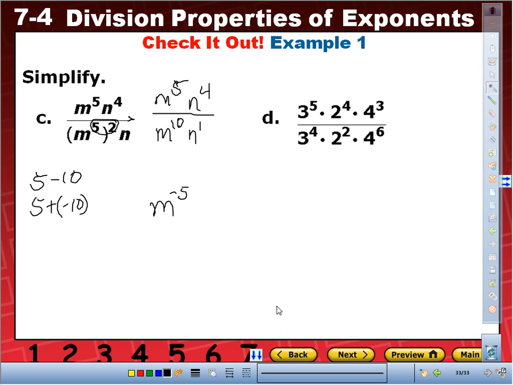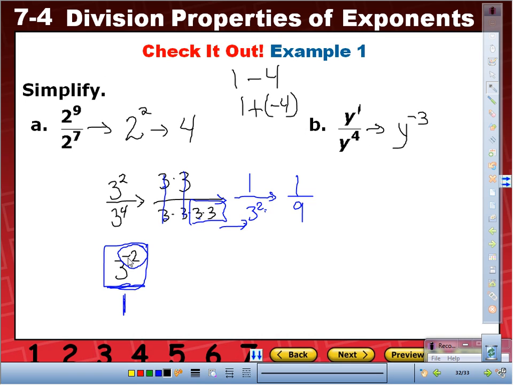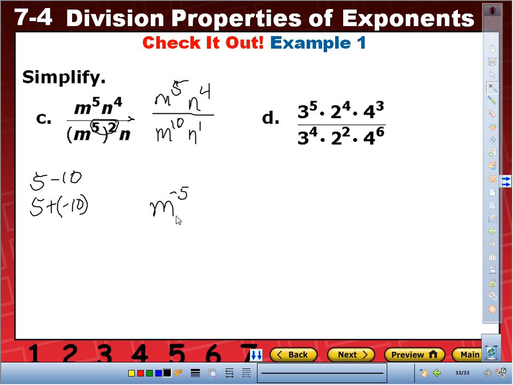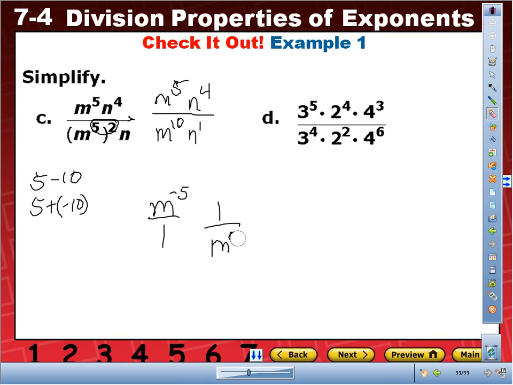No. From this point forward, since I already explained it earlier, whenever we have a negative exponent, we write it over 1, the reciprocal, and it changes into a positive. Are we there? So therefore, this becomes 1 over m to the 5th. No, it changes to a positive. That's the reason that we write it over 1 and we do the reciprocal.